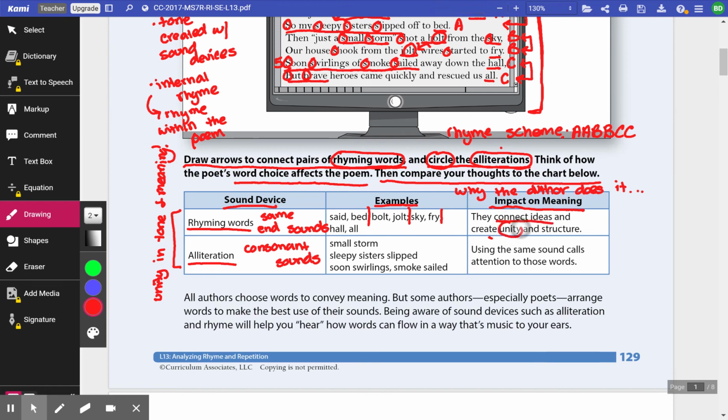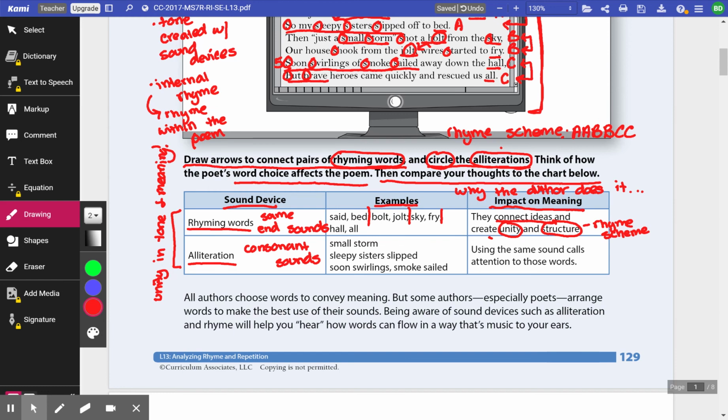So there's that word unity again. Everything is there to create unity and structure. When I say structure, I'm dealing with the rhyme scheme. Rhyme scheme is just one example of structure within a poem. So everything is there to create unity and to connect ideas.